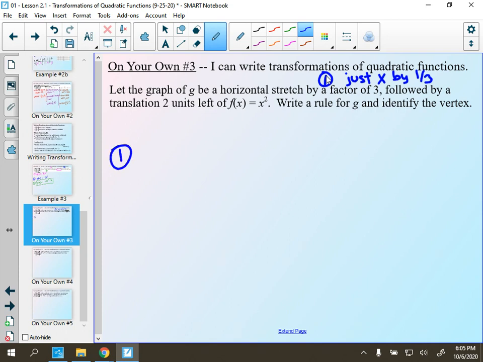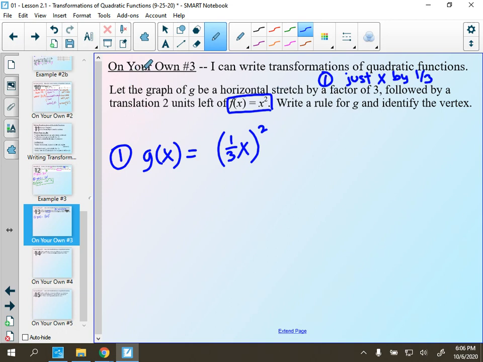All right, so step one, see if you follow me. The nice part is we're still working with just the parent function, so it's not super busy. But here's what I mean by multiplying just the x by 1/3. I basically need to pull the x away from everything, including the squared, and say, hey, you know what, u of x, I want to multiply just u by 1/3.